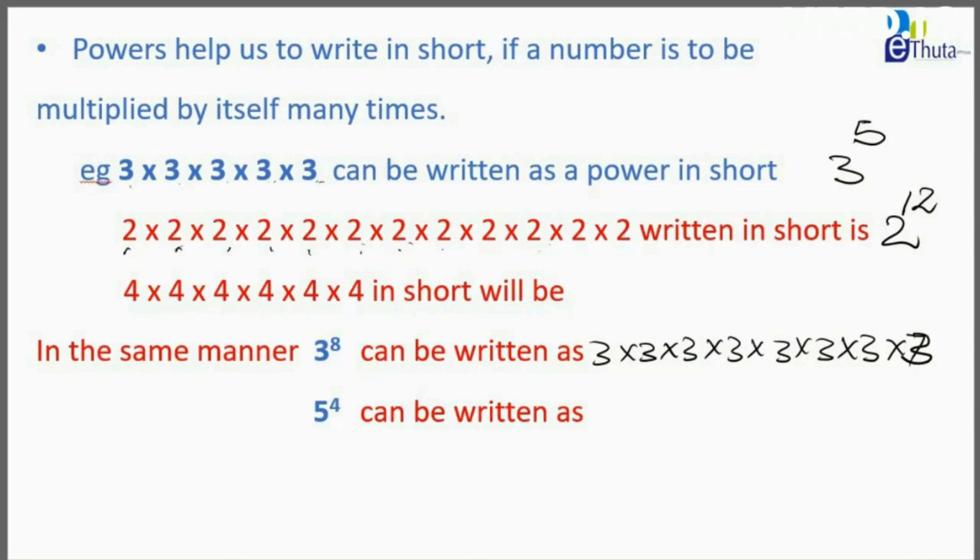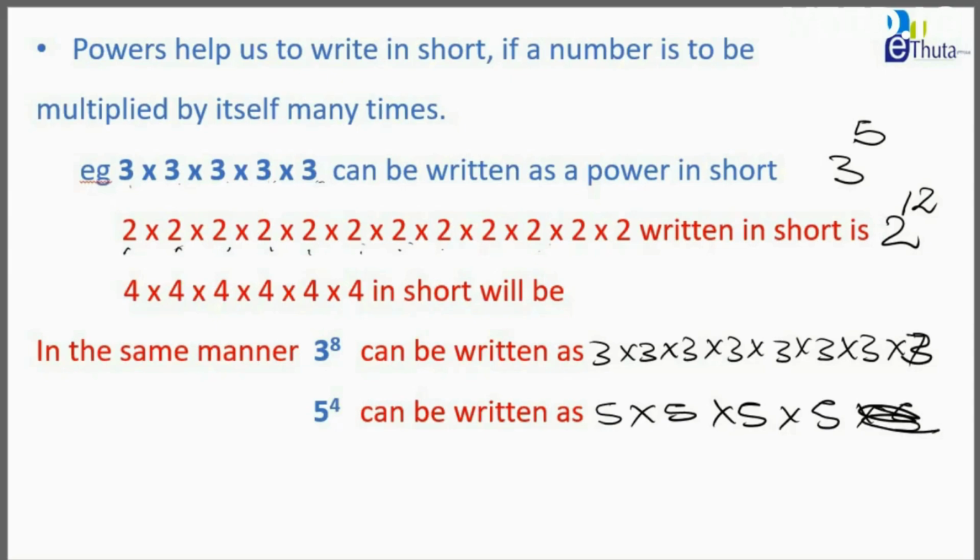Right, 3 to the power 8 is written like this, and 5 to the power 4 can also be written as 5 times 5 times 5 times 5. 1, 2, 3, 4. So this is 5 to the power 4.